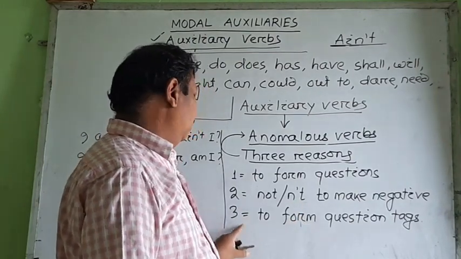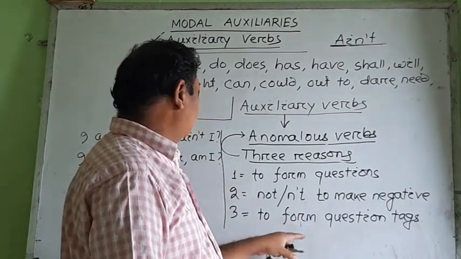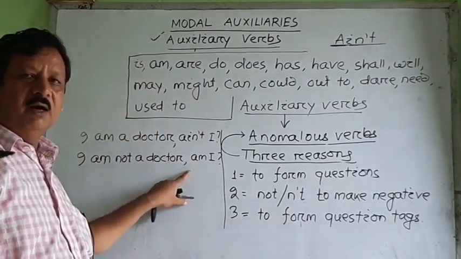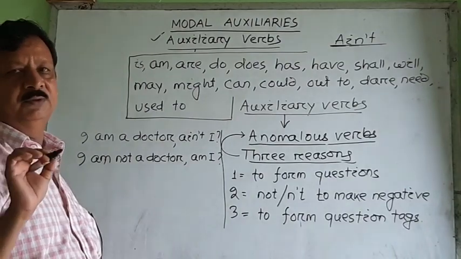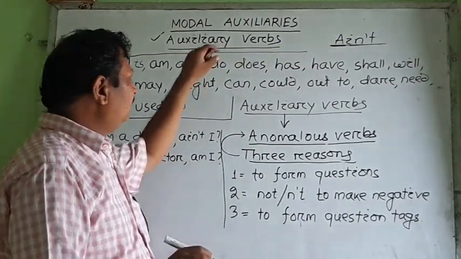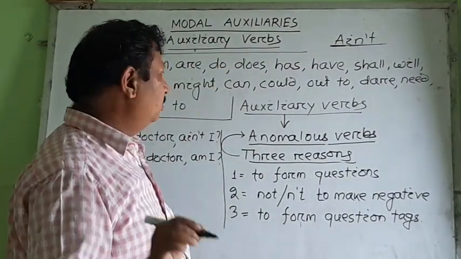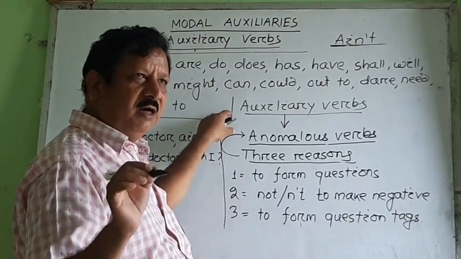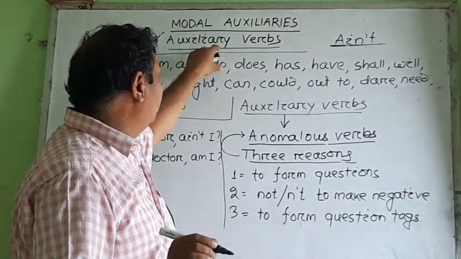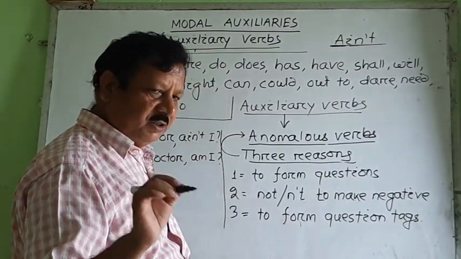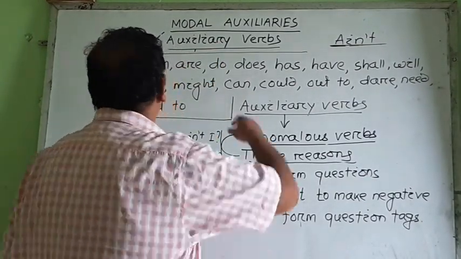And number three, we generally form the question tag exactly as you have been taught. That is why these are called the anomalous verbs. Okay, so first of all, make notes of all of these things. These are not required at all, but in order to clarify the concept of this topic, I told you all such things. Now, let us move on.